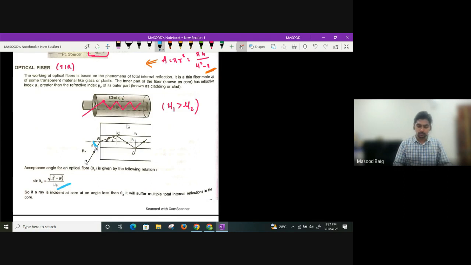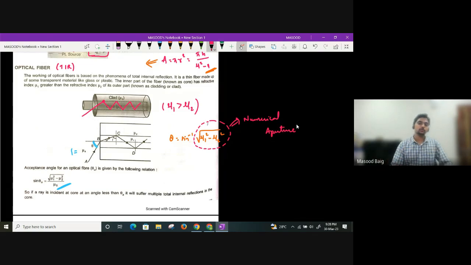Usually mu naught will not be given; mu naught will be taken as 1. So the maximum value of the acceptance angle is sine inverse of under root mu1 square minus mu2 square. And this value, beta, is very important. Under root mu1 square minus mu2 square is also called the numerical aperture of the optical fiber, guys. Clear, everyone?